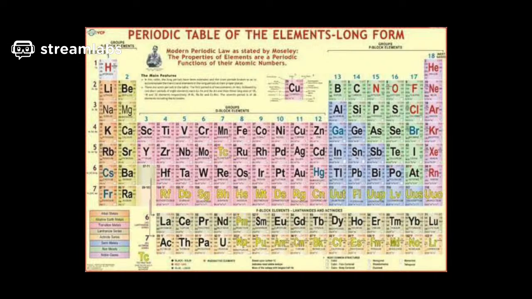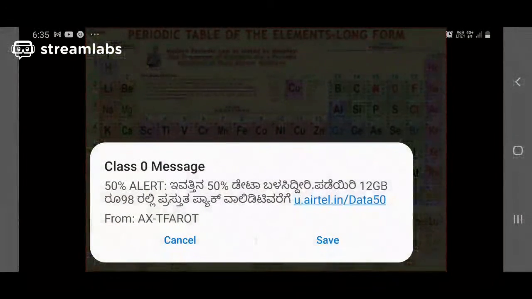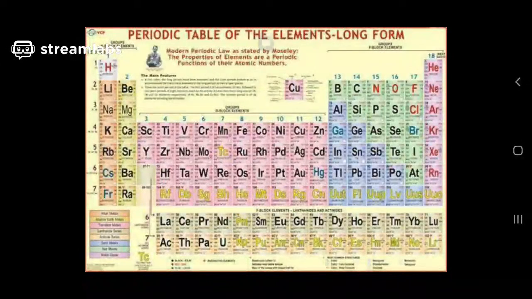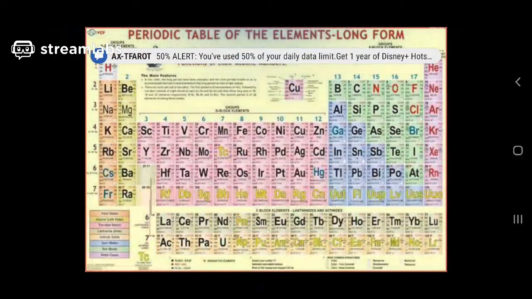Here, Moseley applied the atomic number keeping the isotopes in mind. In order to solve the problem of isotopes, he based it on atomic number. So this was a successful concept of Henry Moseley in order to avoid the problem of isotopes.